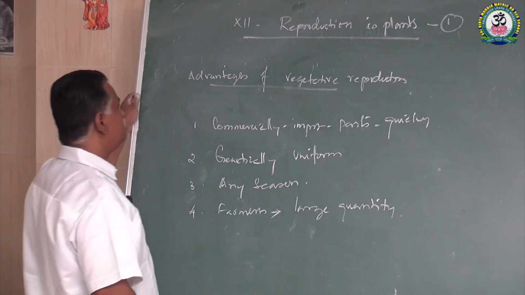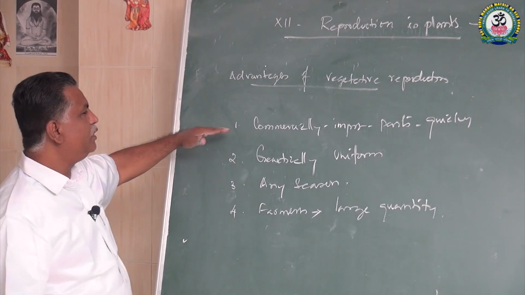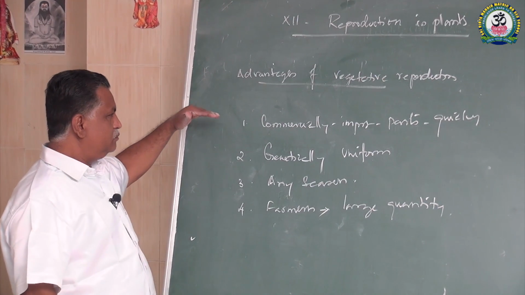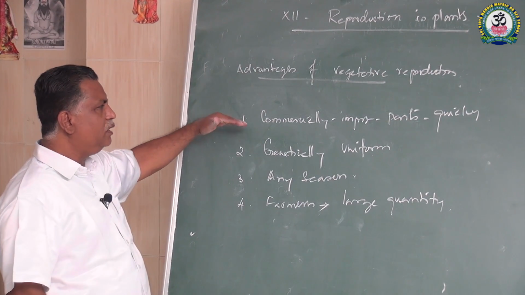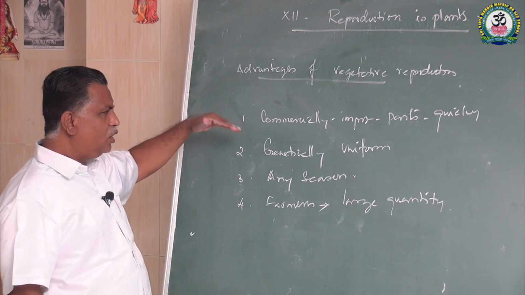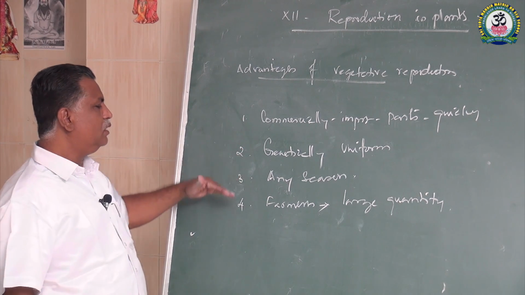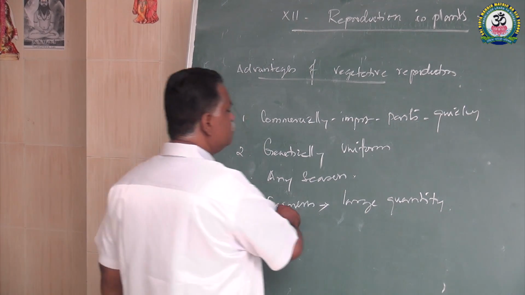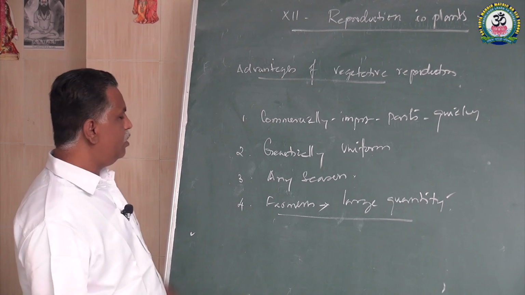So these are the advantages of vegetative reproduction. The plants which are commercially important can be produced quickly, and they are all genetically uniform, and can be produced in any season, and farmers produce commercial plants in large quantity by using any of these methods.